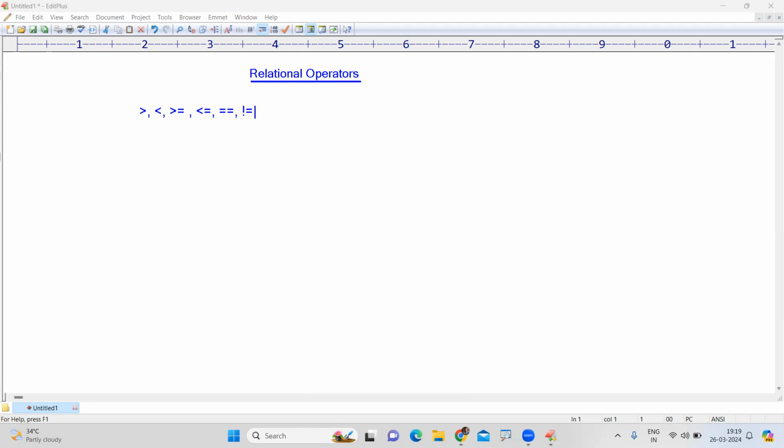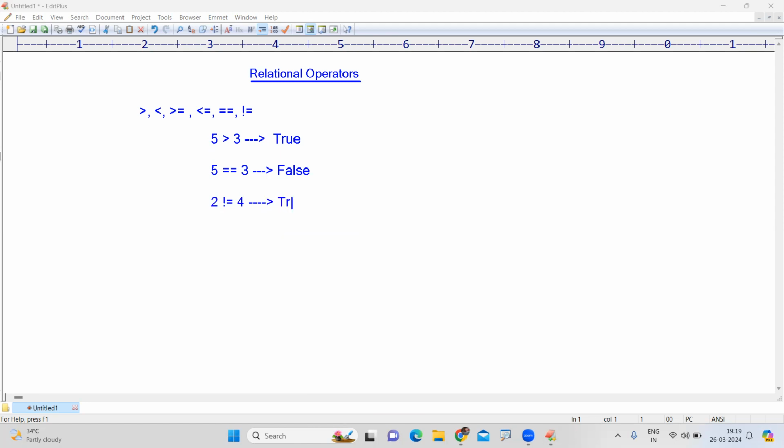These operators just understand the relation between the data. 5 is greater than 3. It checks the relation between the data 5 and 3. 5 is greater than 3? Yes, it is true. It will return true. 5 equals 3? No, both are not equal, so false. 2 is not equal to 4?